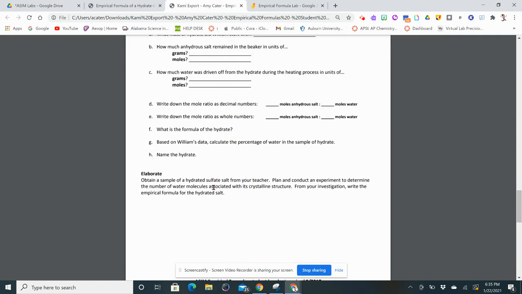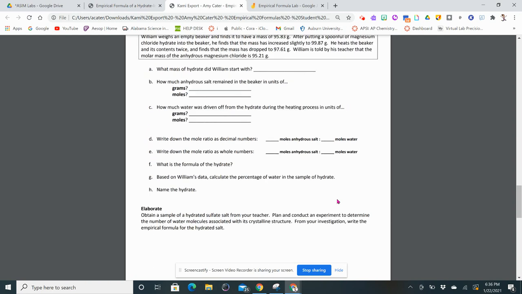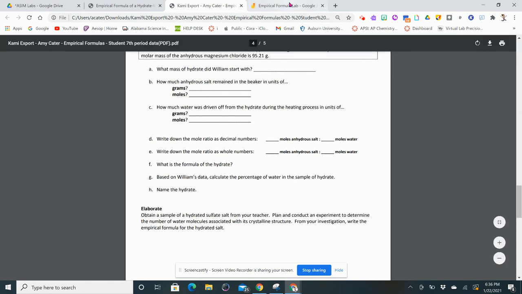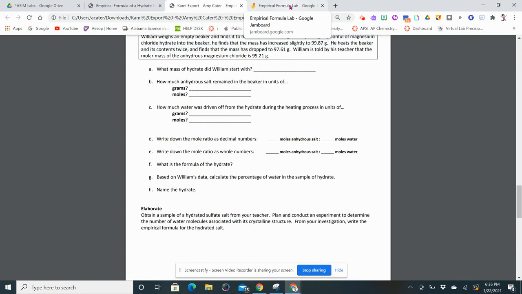Okay. Remember, we are not doing the elaborate section. We have definitely run out of time on that one. We will come back on Tuesday and do the class data and get the graphical analysis of this. And also on Tuesday, we'll talk about how I want you to write up your lab report. Okay. All right.